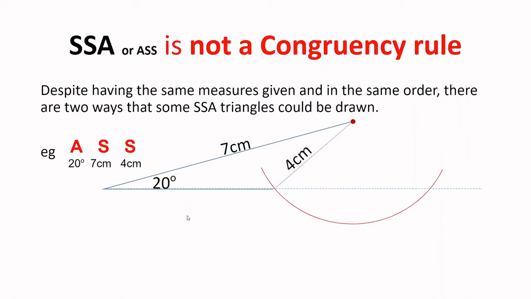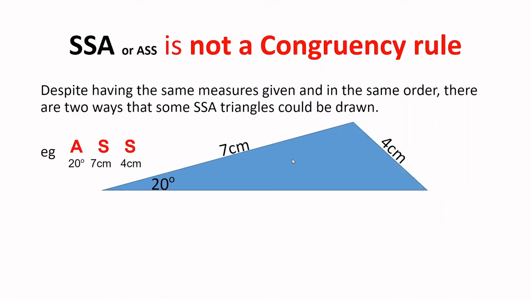So this could be my ASS triangle with angle 20 degrees, side length 7 centimeters, and side length 4 centimeters. Or I could draw my 4 centimeter line over here, and I could have an even bigger triangle with the same measurements. This is my 20-degree, 7 centimeter, and 4 centimeter triangle. But this here is also a 20-degree, 7 centimeter, and 4 centimeter triangle.